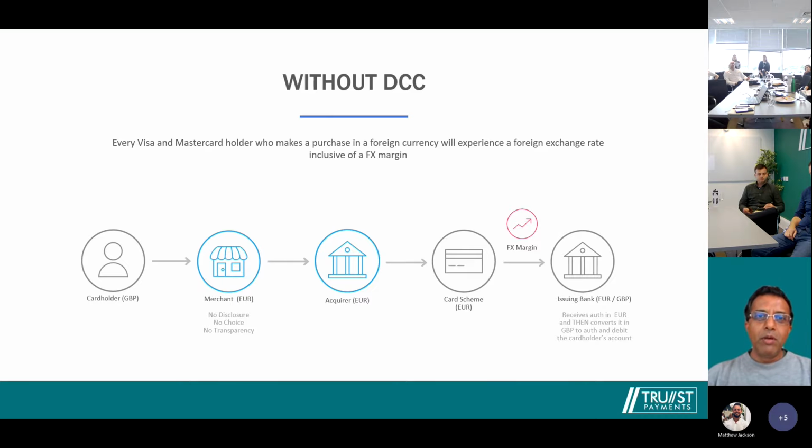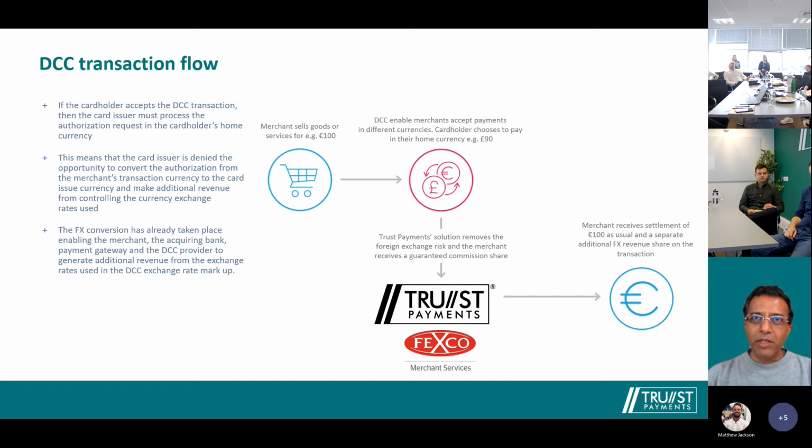So we've built an integration with a company called Fexco. There are some others out there, but we have a long-standing relationship with Fexco. We take that transaction as the customer goes through the checkout, and this works on point of sale as well.